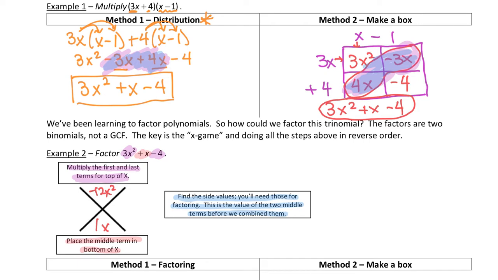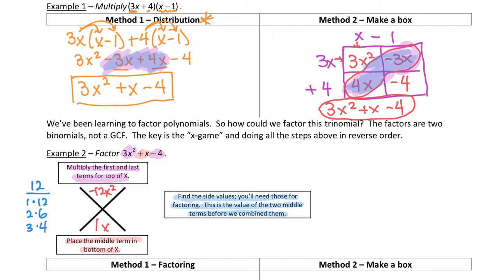We talked about this earlier, finding all of the factors of negative 12 here. I'm just going to look at the 12. Don't worry about the x's too much. Factors of 12 are 1 times 12, 2 times 6, and 3 times 4.